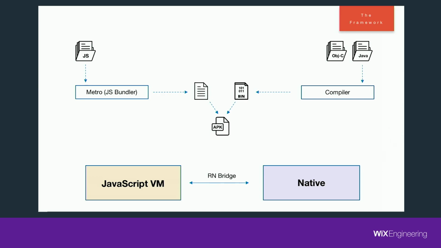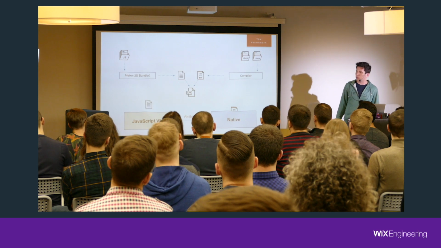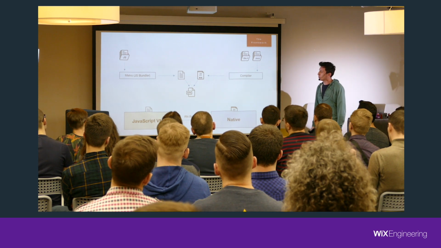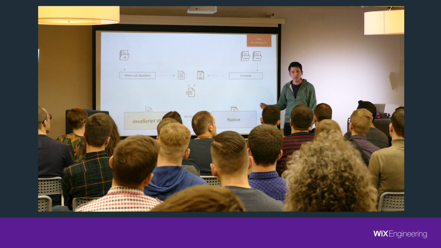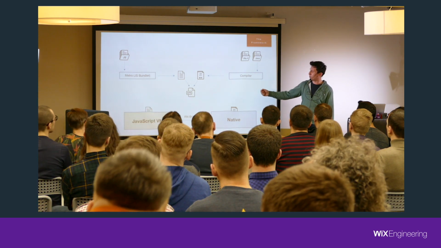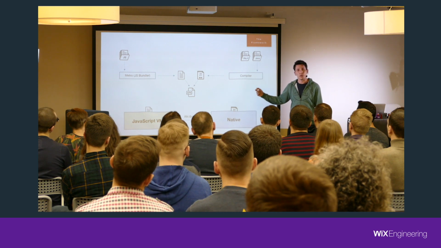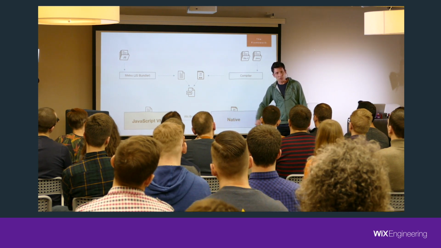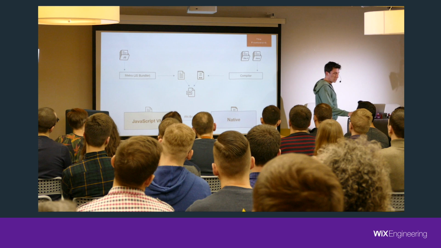And during runtime, the binary native side runs as a regular native application, and the JavaScript code is executed using the JavaScript virtual machine that communicates with the native code through the bridge. The bridge is written with C++ and C on the low level. Sounds great.